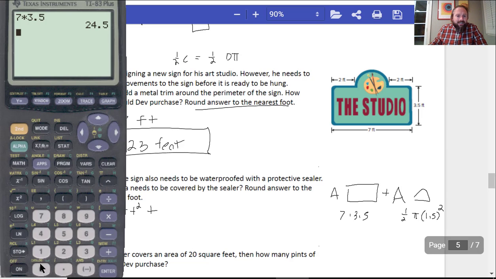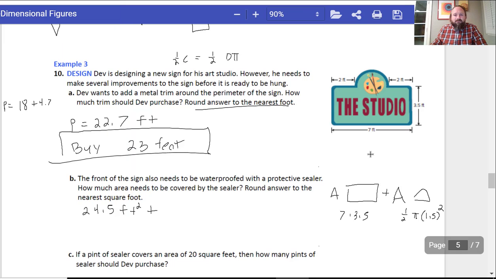So I could just type it in, 0.5 times pi times 1.5 squared. And it gives me 3.53. So I'll put 3.5 feet squared. Now if I add these together, I'll get 28 square feet. There you go.